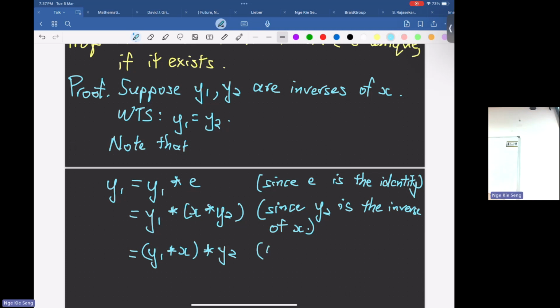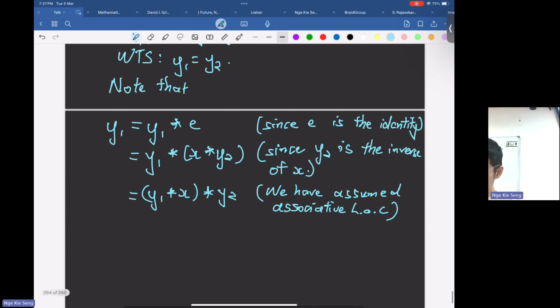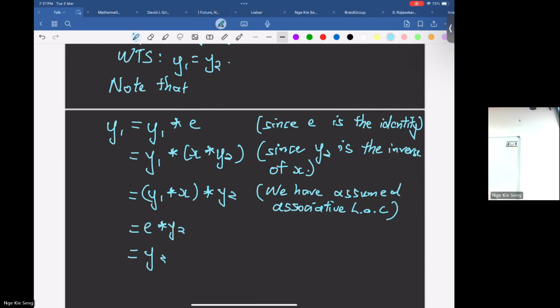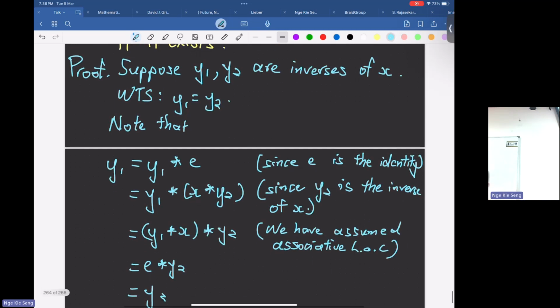Okay, so we have, assume associative LOC here. Okay, so we'll get E composed with y2, and E composed with y2 is just y2.